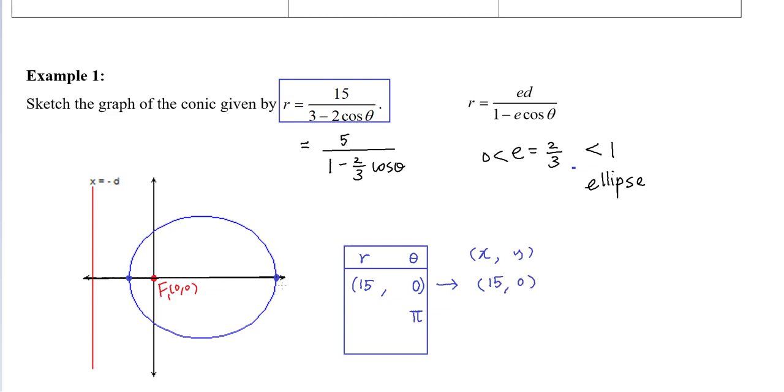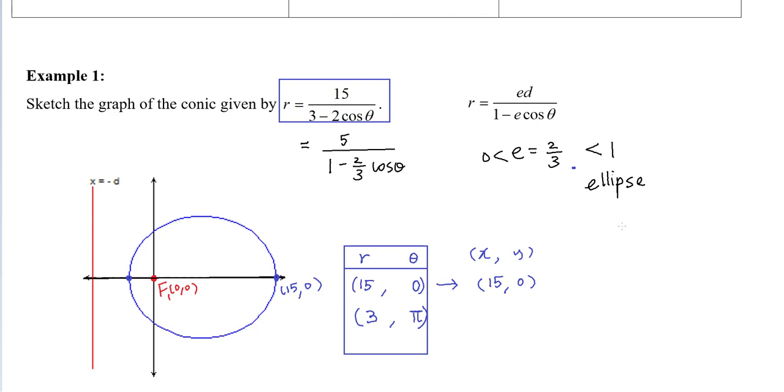So this point right here is simply 15, 0 as an x and y coordinate. Now if I substitute theta by pi into that equation right here, cosine pi is negative 1. So it's 15 divided by 3 minus 2 times negative 1. So that makes it 3 plus 2. So 15 divided by 5, which is R equals 3.